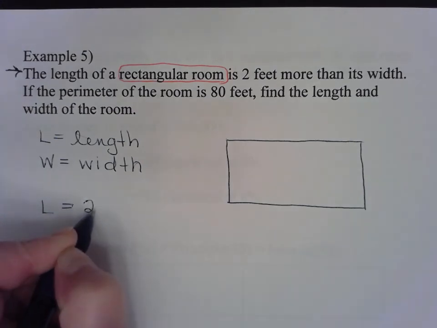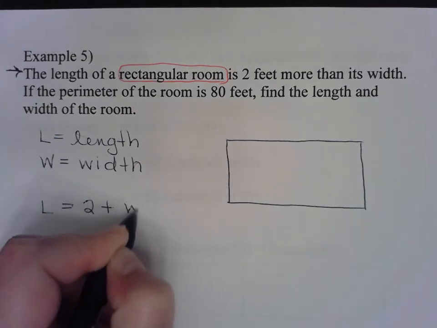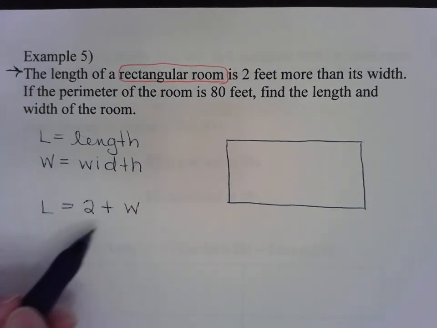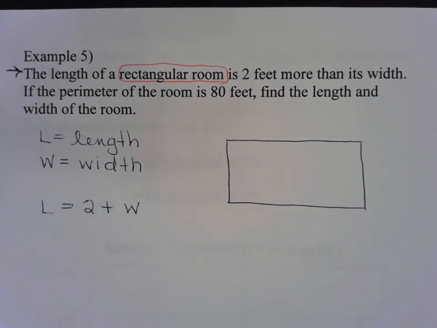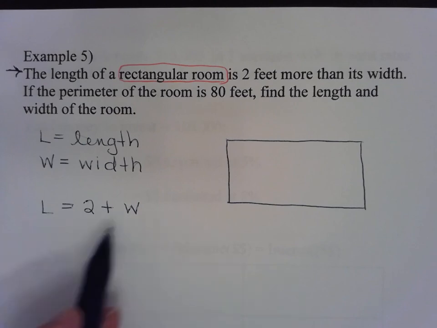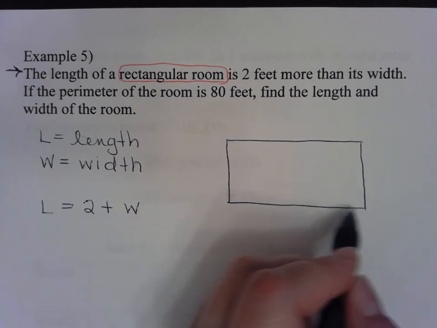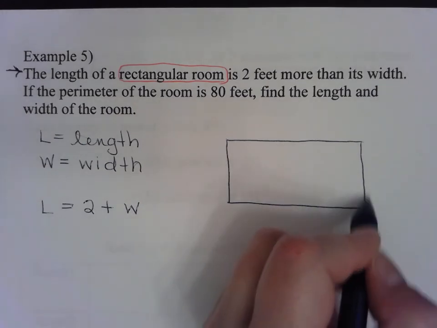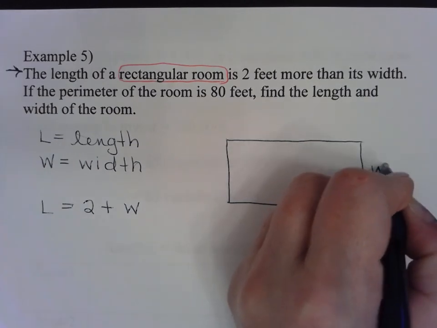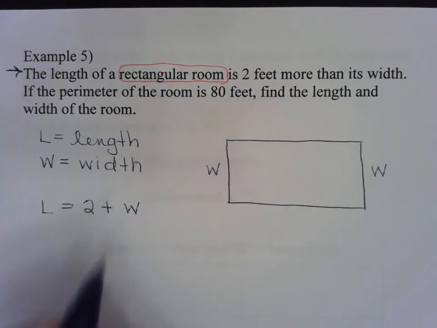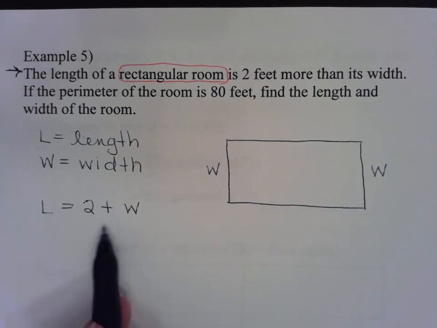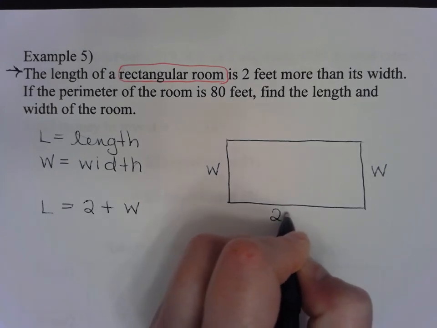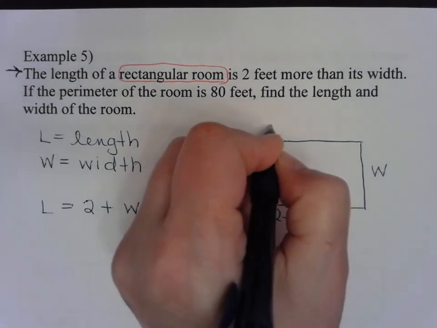I put it in the same order as the sentence, but you could also have W plus 2 here. Either one is fine. In terms of our picture, the longer side is the length, the shorter side is the width. So the 2 sides are my widths. Instead of using L to represent the long sides, I'm going to use this 2 plus W or W plus 2.